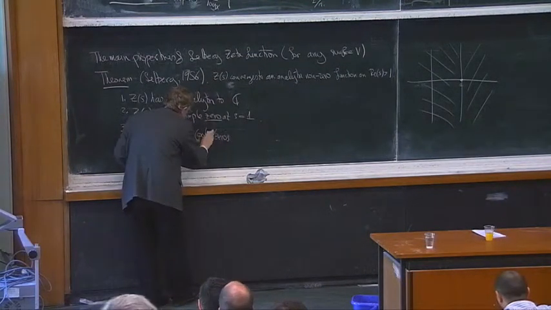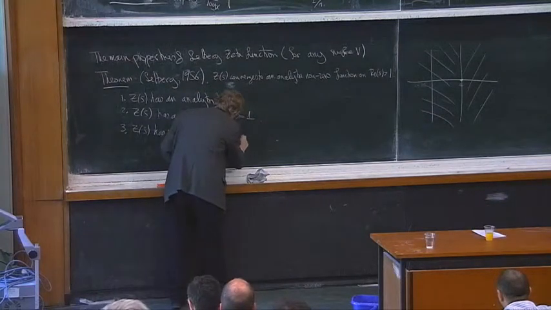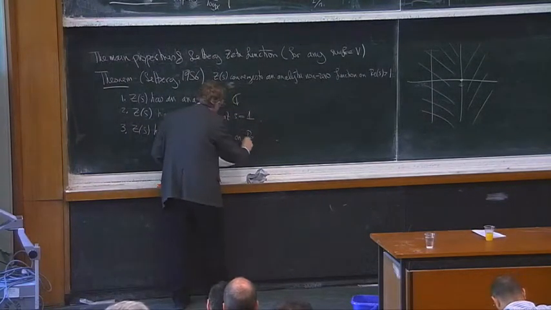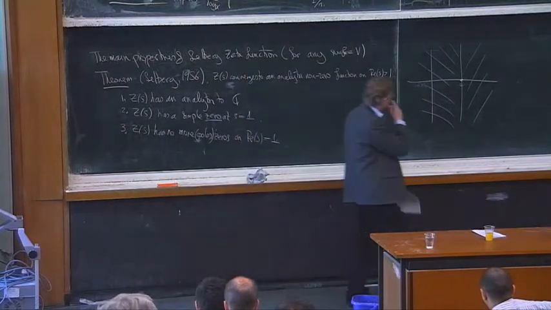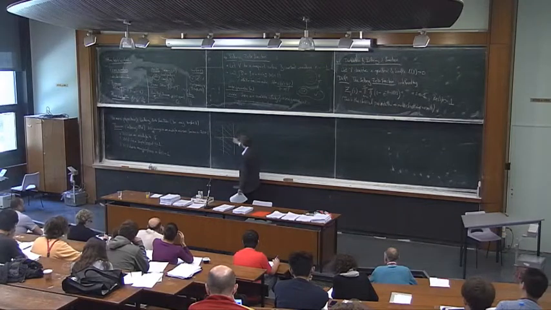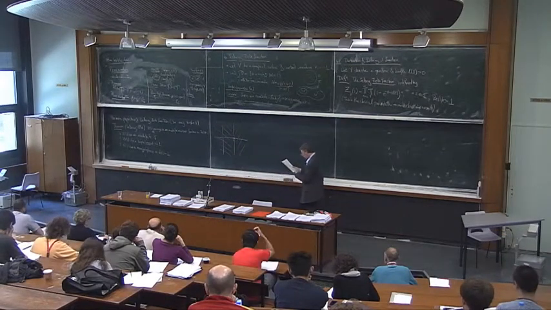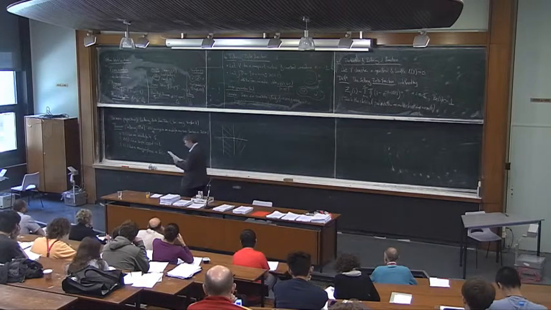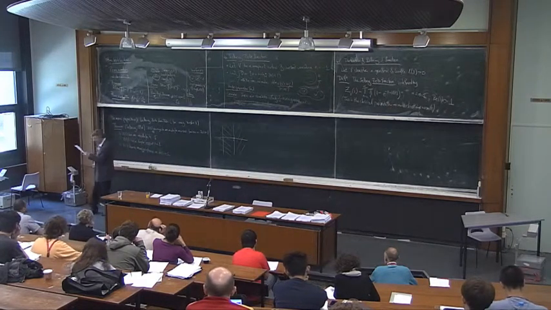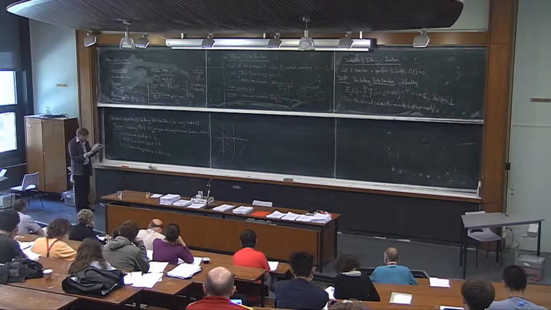It doesn't have any poles on the line real part of s equal to 1. So as in the Riemann zeta function, there's nothing else on this line apart from that particular value. So the statements are more or less analogous. They're not quite the same because it's a different object, but fundamentally it has this form.